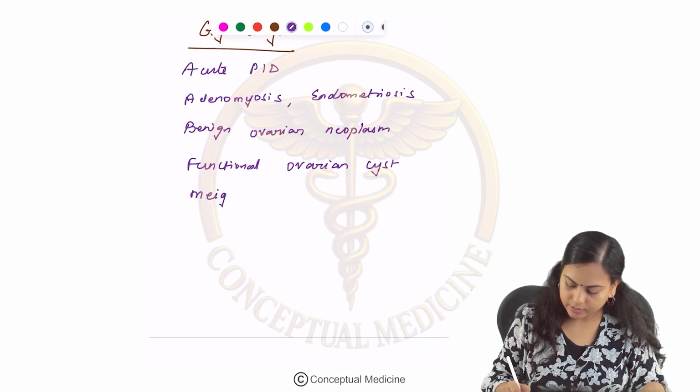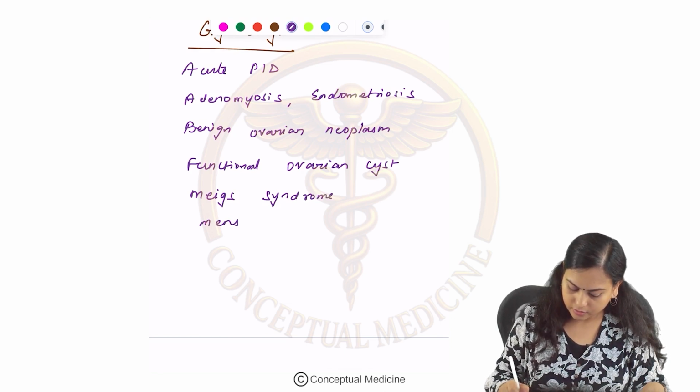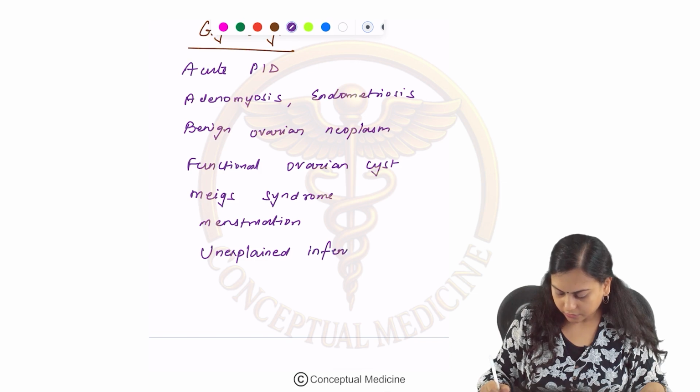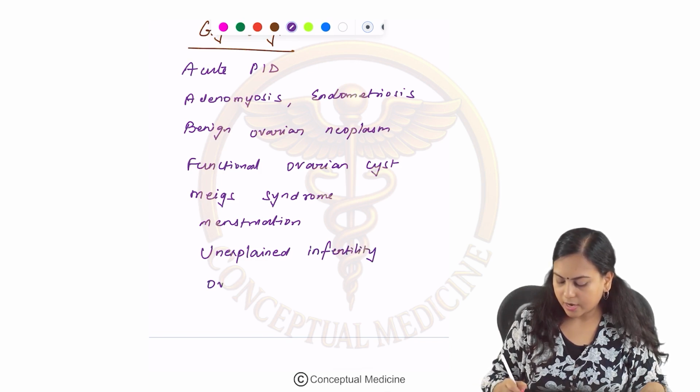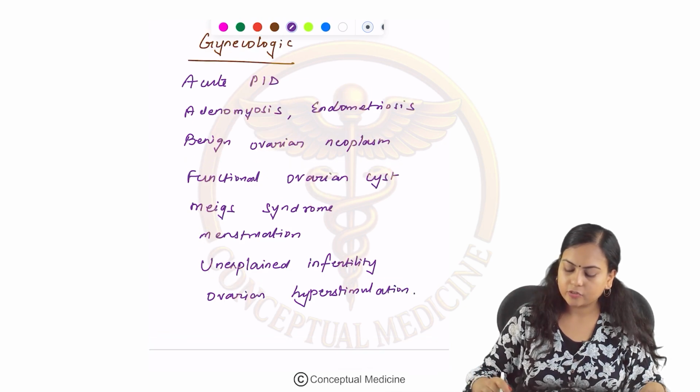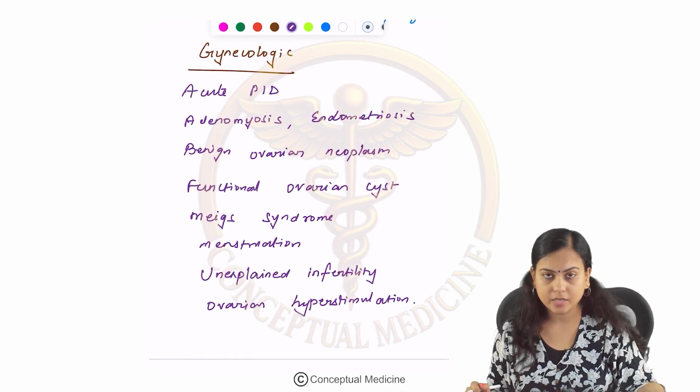It can be seen raised in Meigs syndrome, even during menstruation, also in cases of unexplained infertility and ovarian hyperstimulation. Okay, so these are some of the gynecological conditions where CA125 can be raised.